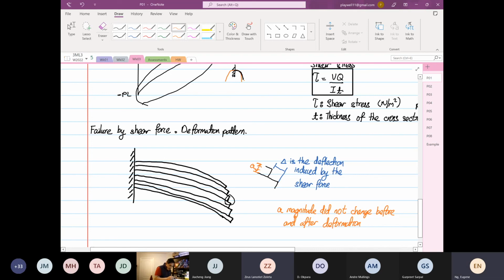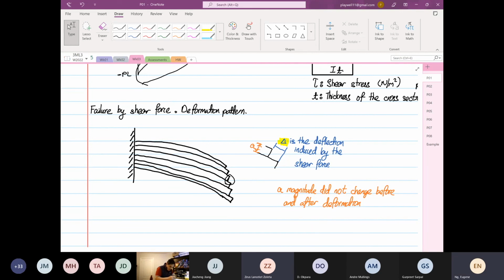Whereas delta was not there before deformation. Delta was 0 before the load was applied.